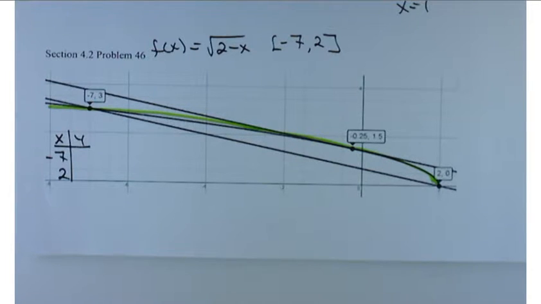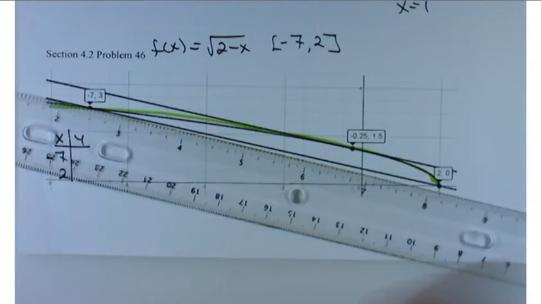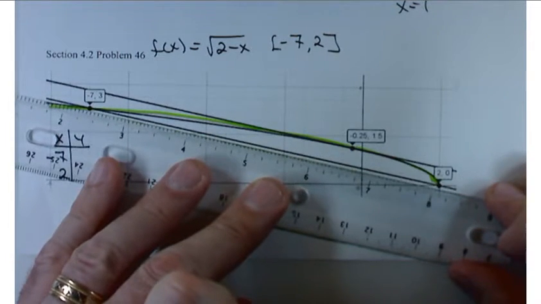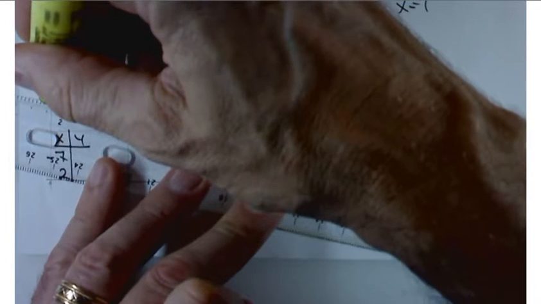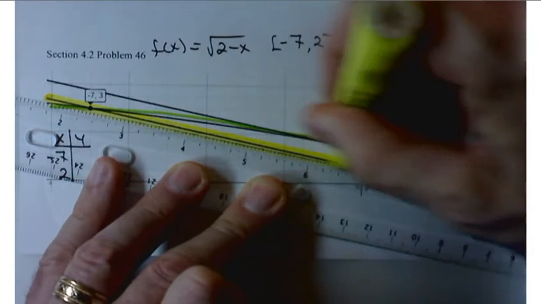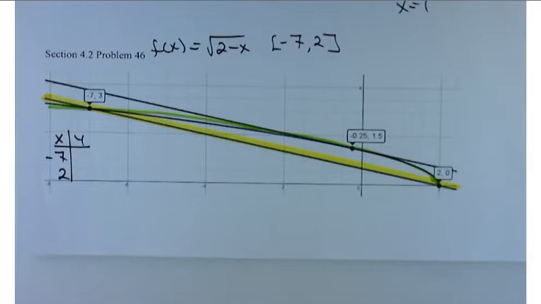Then in yellow, what I have is the slope of the secant line. We're going to need to figure that out. And at some point, the slope of the tangent line is going to equal the slope of the secant line.